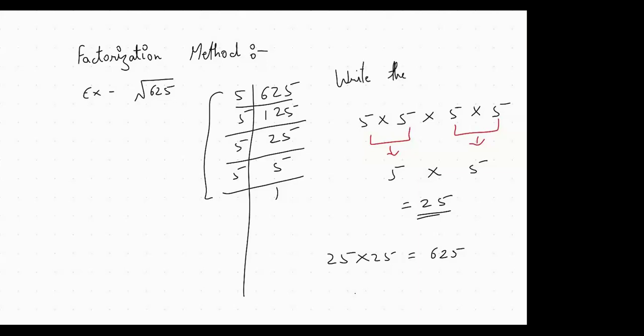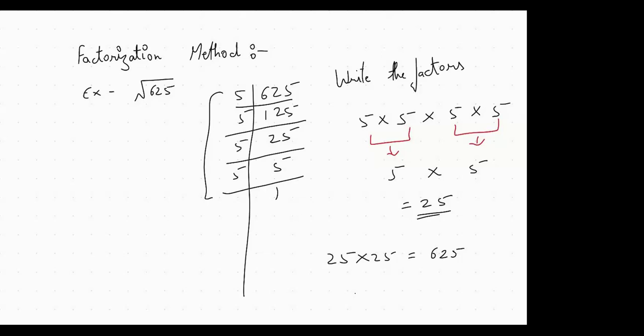Then because we are doing a square root, we will make pairs of two numbers. That means 5 and 5 we will take as one pair, 5 and 5 as another pair.